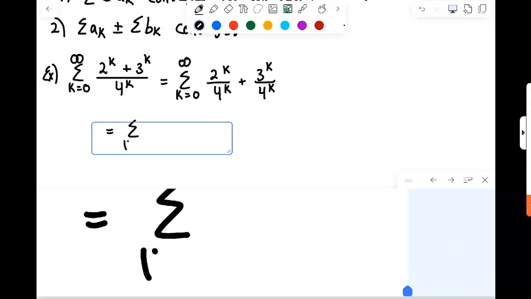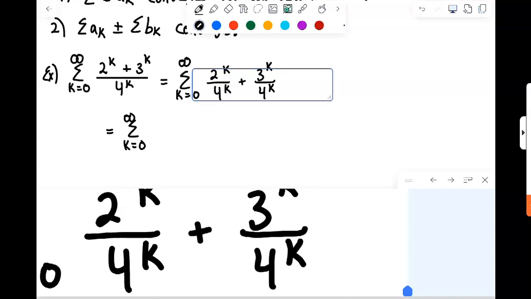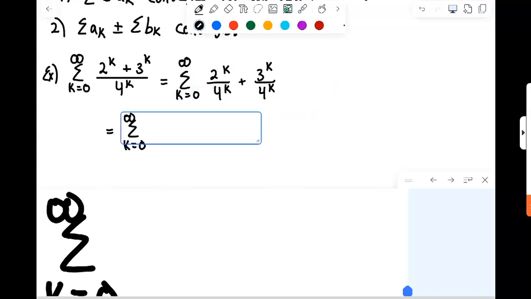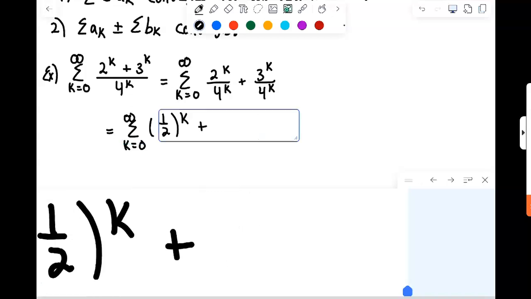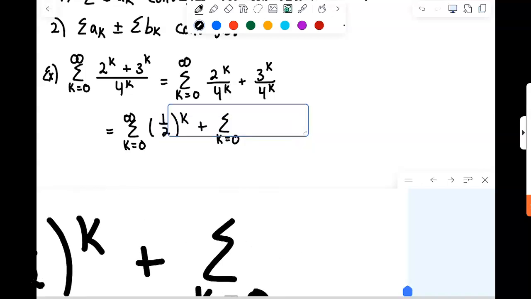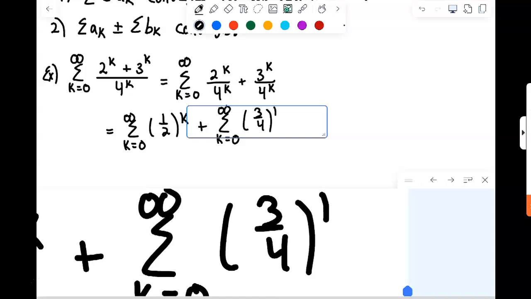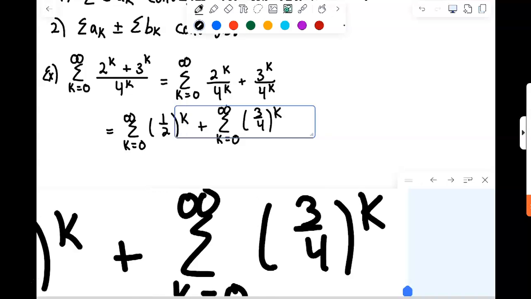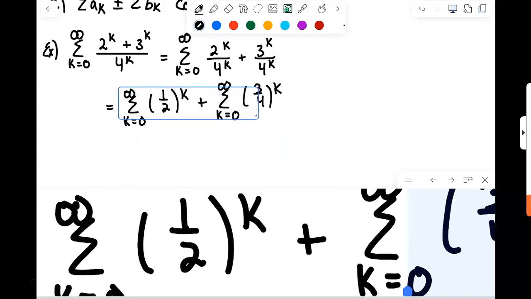Sum as k goes from 0 to infinity. With the 2 to the k over 4 to the k, I can take the exponent, pull it out for a second, and I have 2 over 4. So this is just going to be 1/2 to the k. Plus the sum as k goes from 0 to infinity of likewise 3/4 to the k. And then we look at what we have here and say, well, I have a ratio to the k.